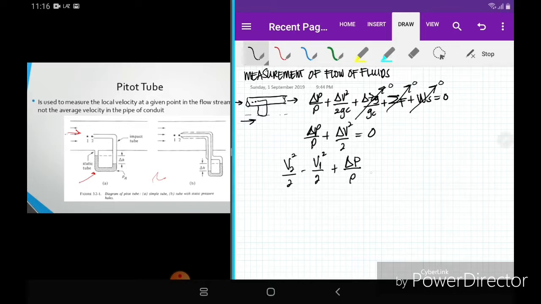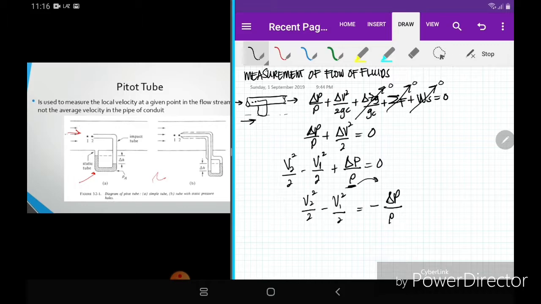Now, this is equivalent to 0. If we transpose this particular term to the other side, we're going to have V sub 2 squared over 2 minus V sub 1 squared over 2 is equivalent to negative delta P over density.